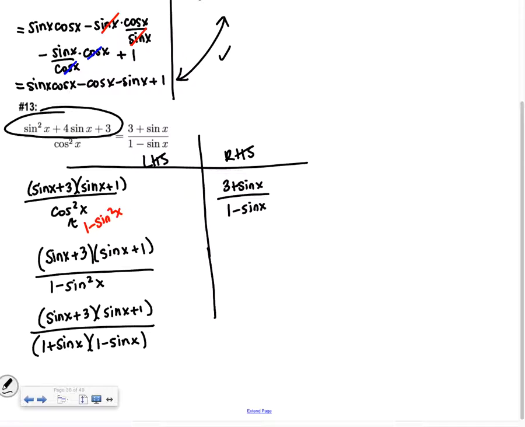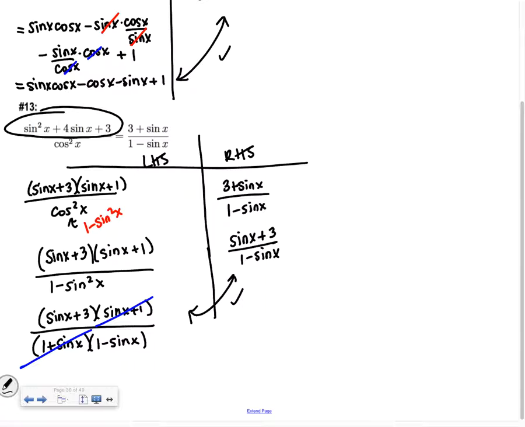Okay, it's just like the difference of two squares. Just like if you had 4x squared minus 25, we know that that's 2x plus 5 times 2x minus 5, right? Because it's set up as 2x times 2x and 5 times 5. It's the same concept, the same idea as algebra 2. But when we do that, you notice that this and this will cancel. And then we get exactly the same thing. So the last thing I would do is write it as sine of x plus 3 over 1 minus sine of x, just so you can see that they are indeed the same thing.